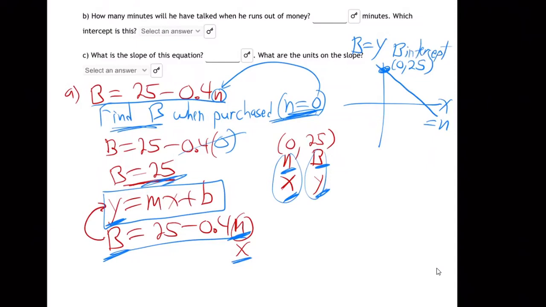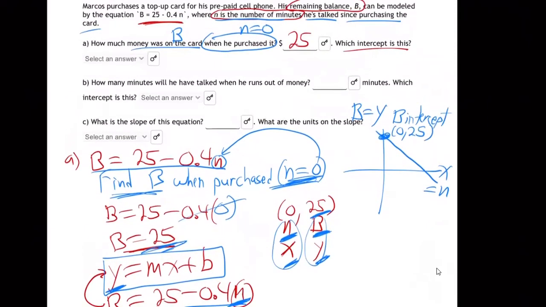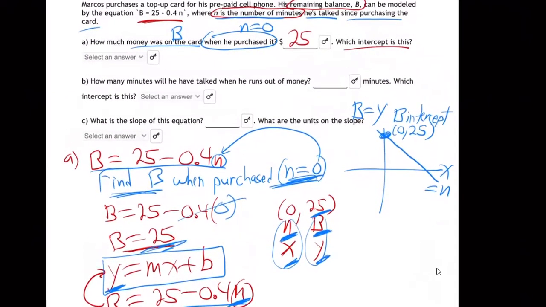It's a b-intercept because it has a b value. Does that make sense? It means if we were to graph this line, when n is 0, B is 25. So it's got a b value to it. So it is a b-intercept.